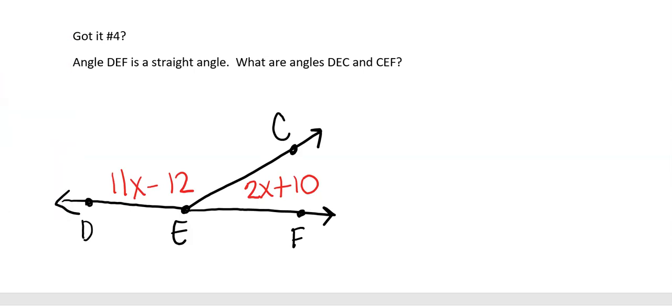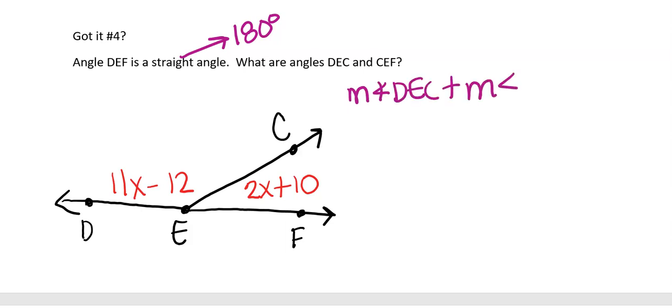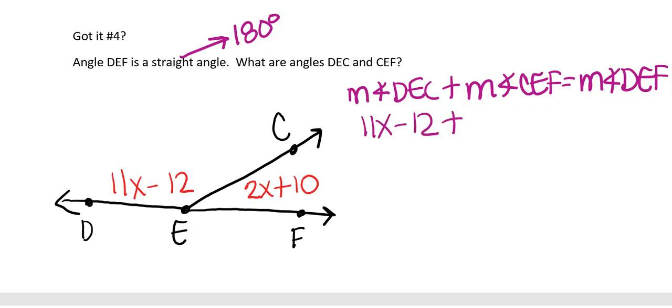Angle DEF is a straight angle. Right there, we know that that equals 180 degrees. What are angles DEC and CEF? The measure of angle DEC plus the measure of angle CEF equals the measure of angle DEF. If we plug in each of these, DEC is 11x minus 12 and CEF is 2x plus 10, and those two parts added together should equal 180.